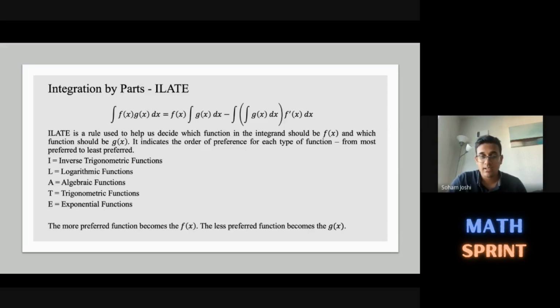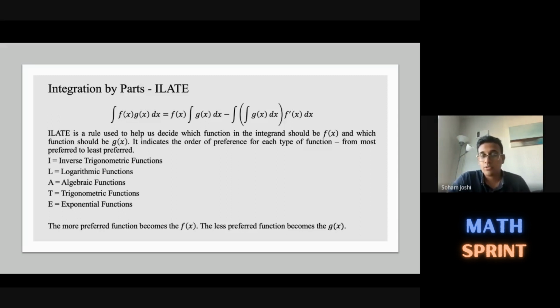So in the scenario I gave you with the inverse trigonometric function multiplied by the algebraic function, inverse trigonometric functions are higher in order of preference than algebraic functions. So we take f of x to be the inverse trigonometric function and g of x to be the algebraic function.